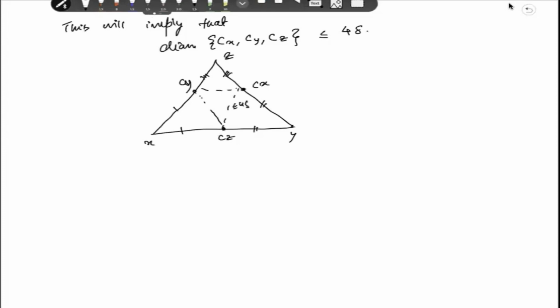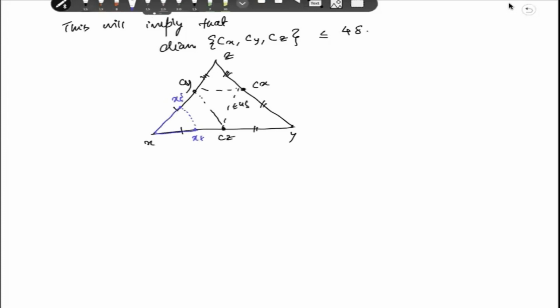Now what we are going to show is this: if I take this point xt and another point xt', where xt' lies on the geodesic joining x and Cy, such that the distances from x to xt and from x to xt' are the same, then we are going to prove that the distance between them is bounded in terms of delta.